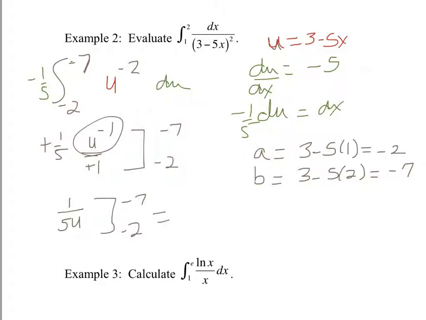So now if I go ahead and plug that in, I'm going to get, let's see, -1 over 35 minus a -1 over 10. And if you go ahead and do that math, you should get 1/14, it looks like.